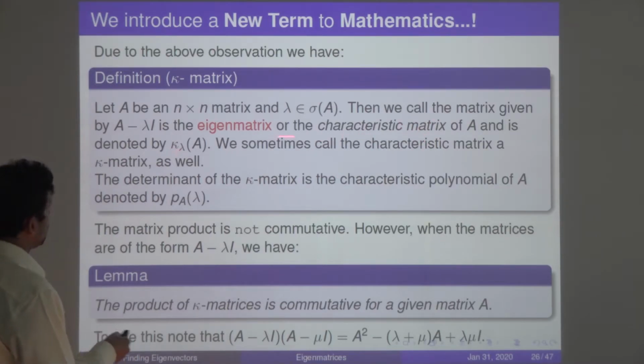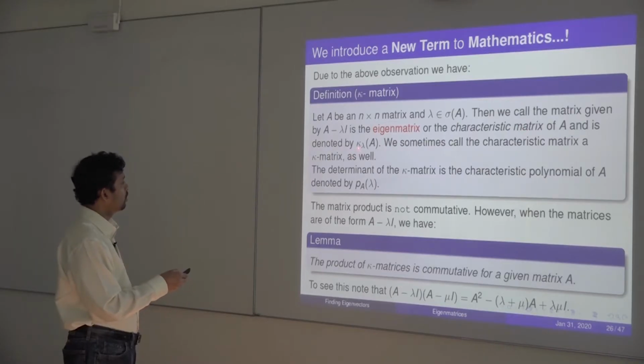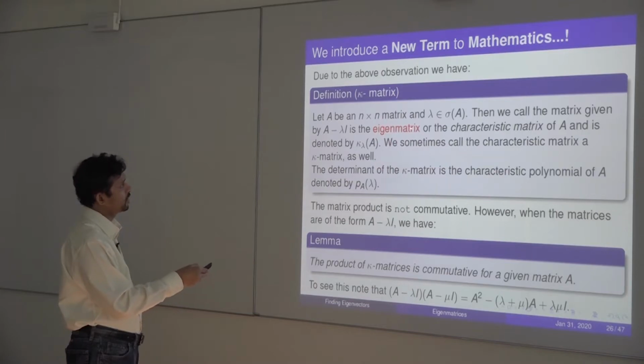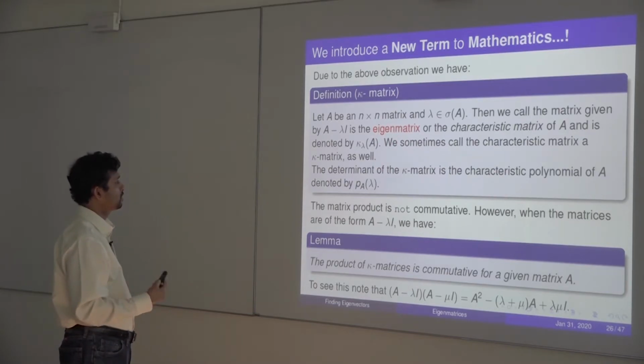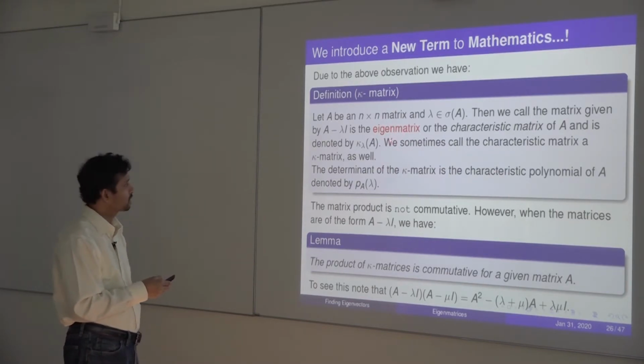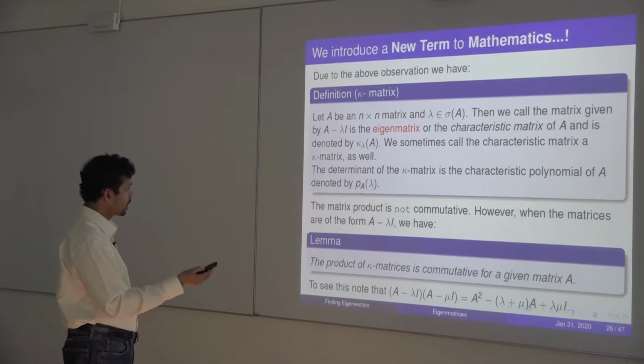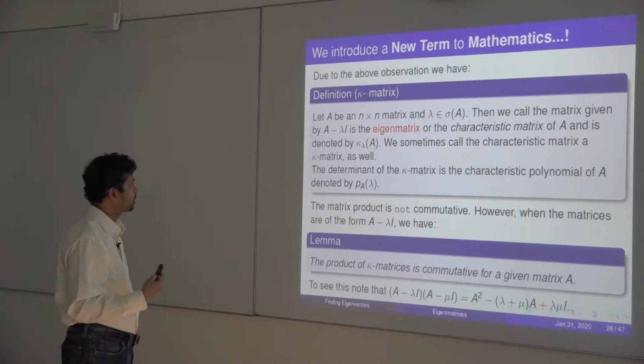Since it's a characteristic matrix, to sound right we use kappa for the characteristic sound. So we call it kappa lambda of A. We can call it the kappa matrix or the eigenmatrix. That's a new term introduced to mathematics, just to follow the eigenvalue and eigenvector concepts.